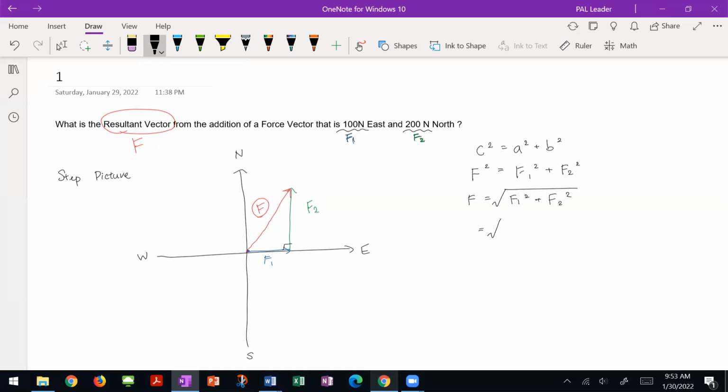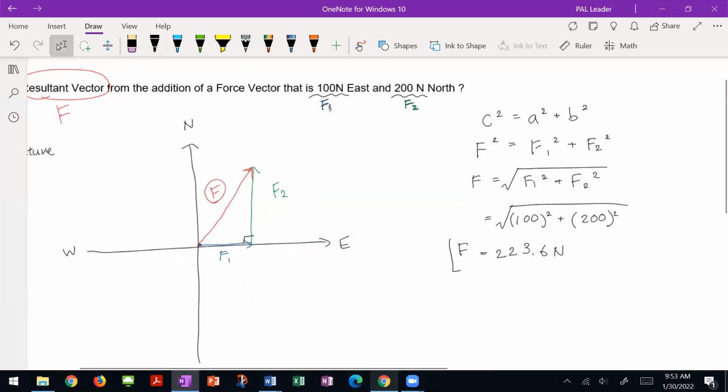F1 was 100 and F2 was 200. Put that in your calculator. It should become 223.6 newtons.